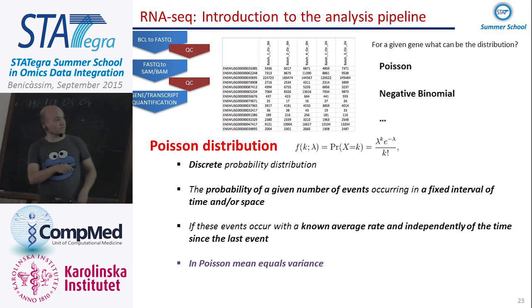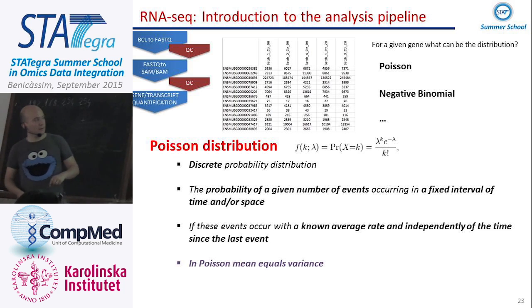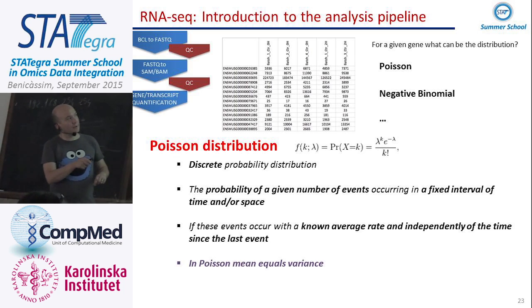But this is the idea: how many events occur in a given space or interval. This is the formula of the Poisson. And the only thing with the Poisson is that the mean equals the variance. Higher mean, higher variance.